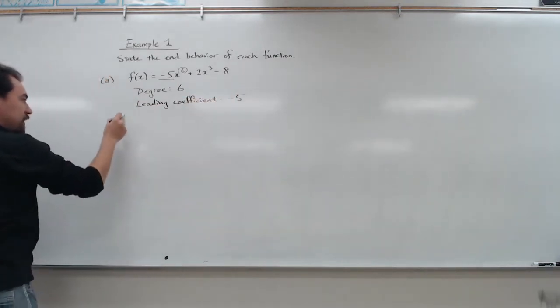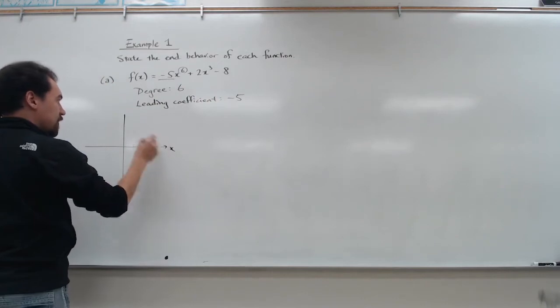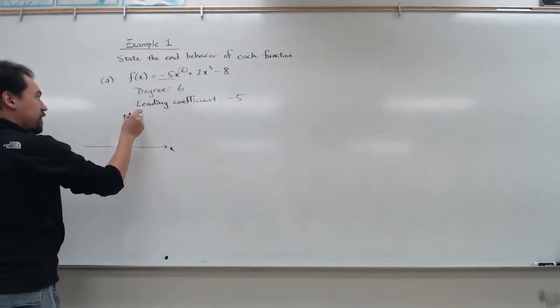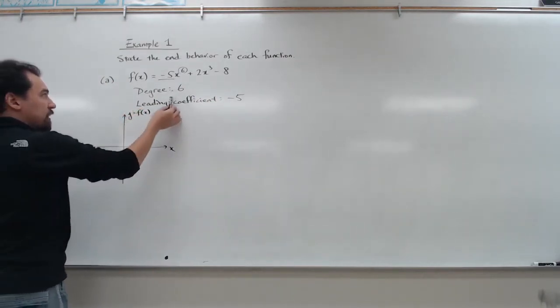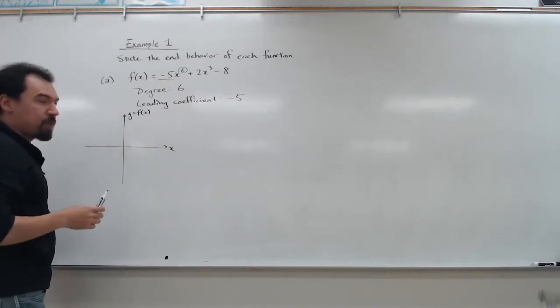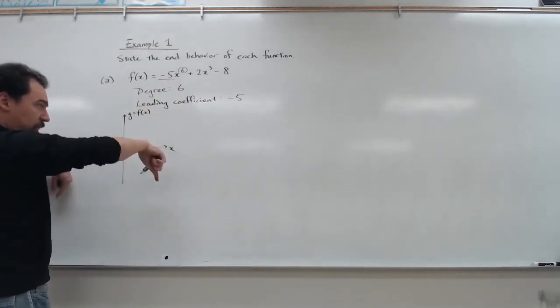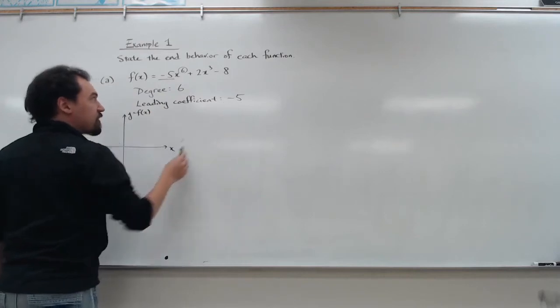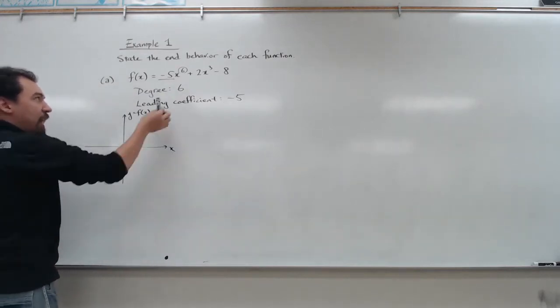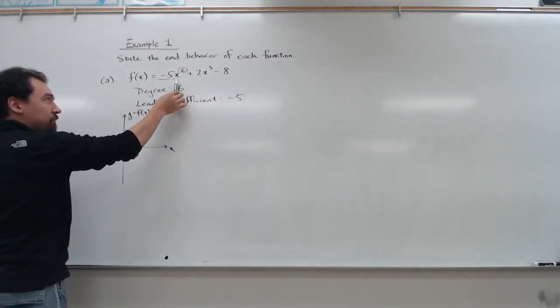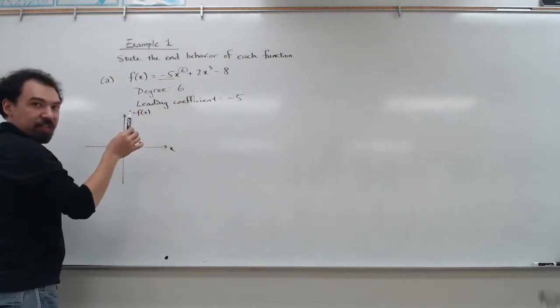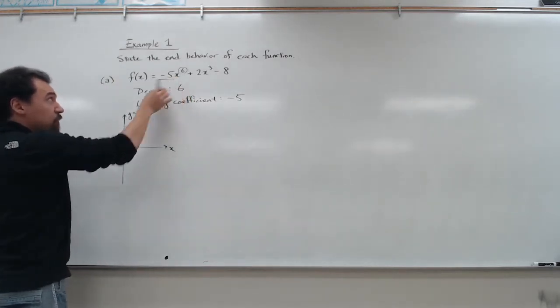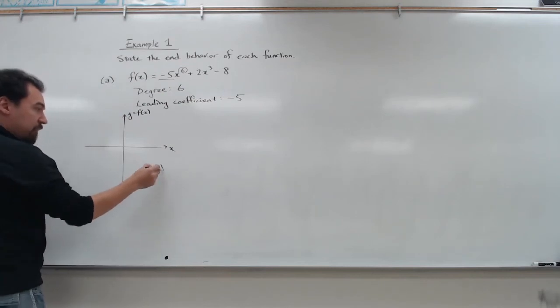So if we apply the leading coefficient test, and we think about the graph, we're going to say the degree is even, which means we're going to have matching end behaviors, either that way or that way. And the leading coefficient is negative 5, which means as x goes to a very big number, a big number to the 6th power is going to be positive, multiplied by a negative is going to give me very negative.